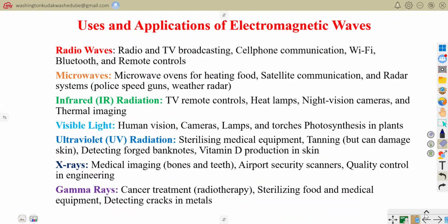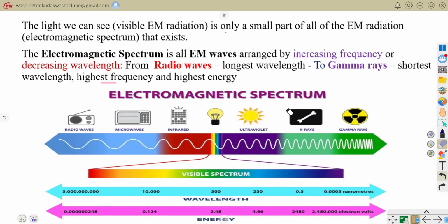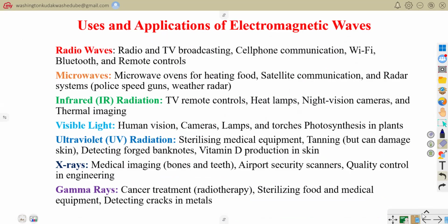Why is it important for us to study this electromagnetic spectrum? What does it tell us, and how can we make use of the knowledge that we have regarding electromagnetic waves as well as the electromagnetic spectrum? So this is the reason why.